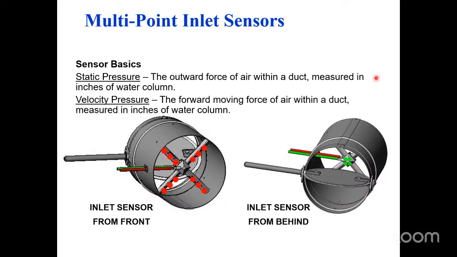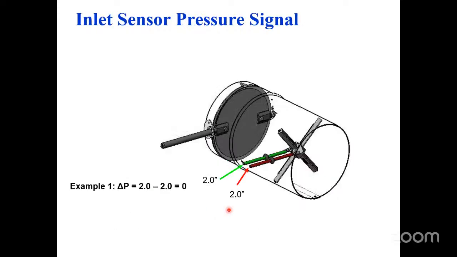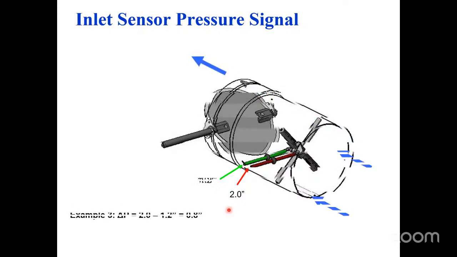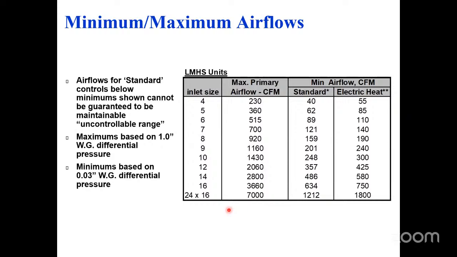So air in this case is coming this direction, and these holes don't see that. They don't see the velocity coming into the hole because they're on the other side of it. So that's the static pressure measurement, and this is the velocity pressure measurement. And both of those are used to calculate it. In the interest of time, I'm going to skip all the math and discussion on how that all works. Just believe me that you need to measure both in order to calculate the CFM, right?